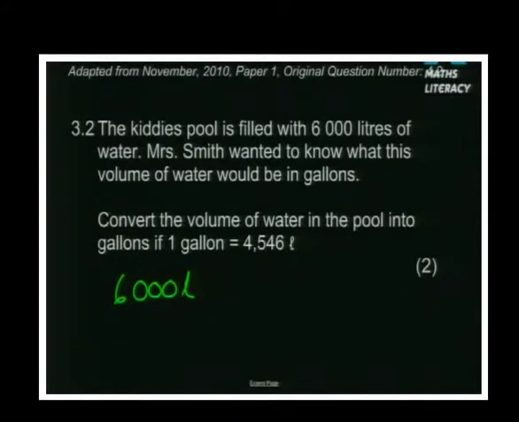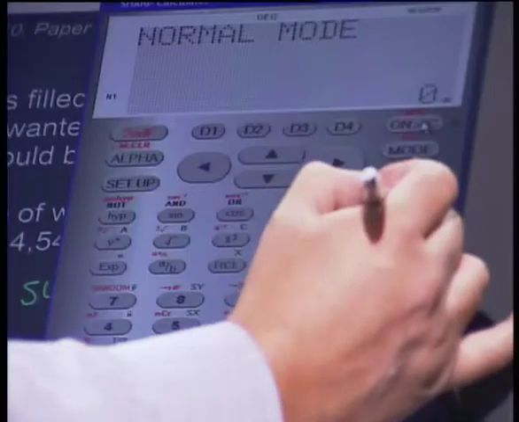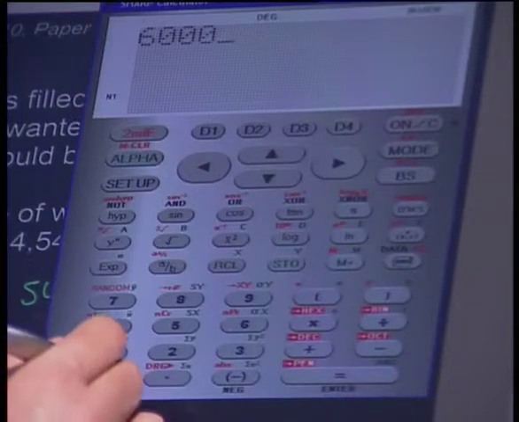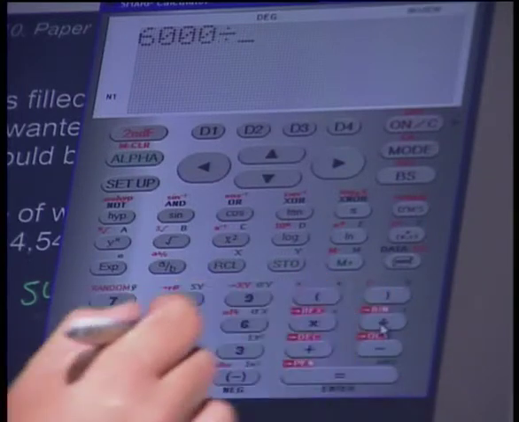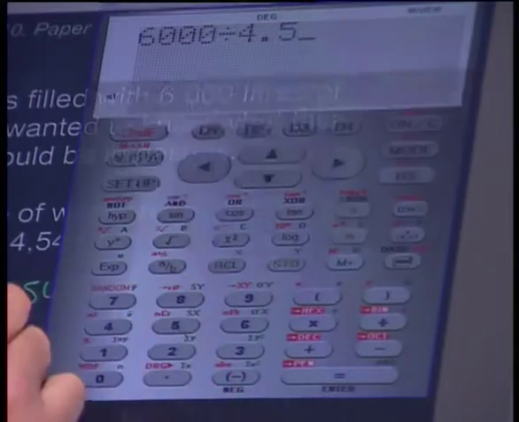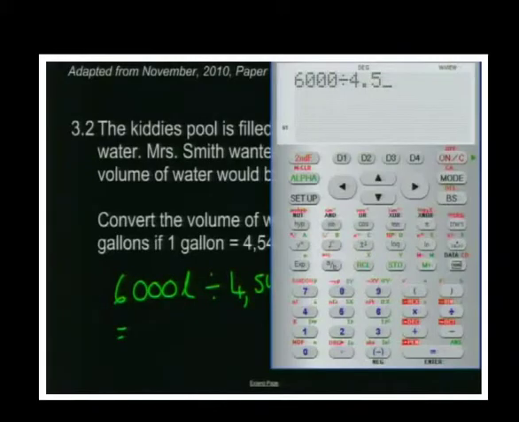So we've got 6,000 liters. If I divide that now by 4,546 liters, I will know how many gallons I have. Again, with our calculator, we've got 6,000 divided by 4,546 equals, and there we get it.